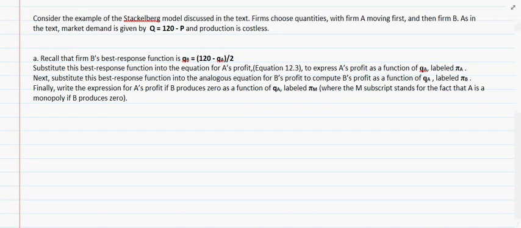So the profit for firm A is going to be total revenue minus total cost. I'm just going to derive the profit function again.